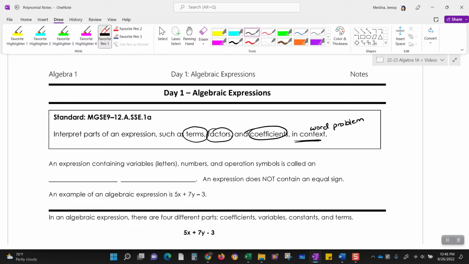An expression that contains letters, those are variables, numbers, or operating symbols like addition, subtraction, multiplication, and division is going to be called an algebraic expression.